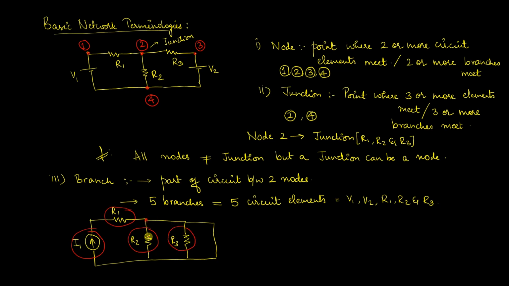Whereas if you see these two nodes at the bottom, they do not have a circuit element in between. So this will not be a branch because no circuit element is present. Similarly, on the top, between the two nodes you do not have any circuit element, so it is not a branch.